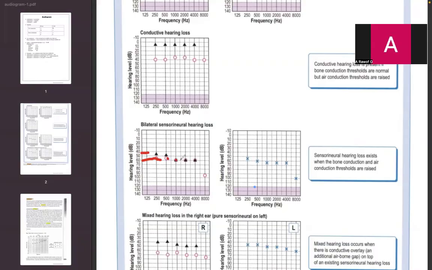Air conduction is moderate. What about the bone conduction? Bone conduction is also between 40 to 60. It is moderate bilateral sensory neural hearing loss. In sensory neural hearing loss, air conduction and bone conduction both are raised, with a gap of less than 15 decibels. Now next, mixed hearing loss.